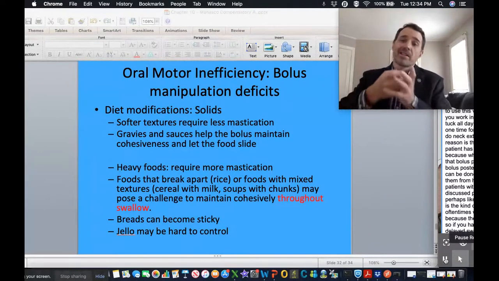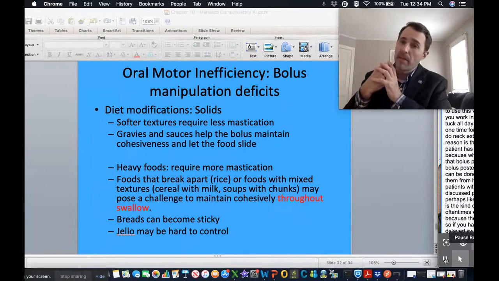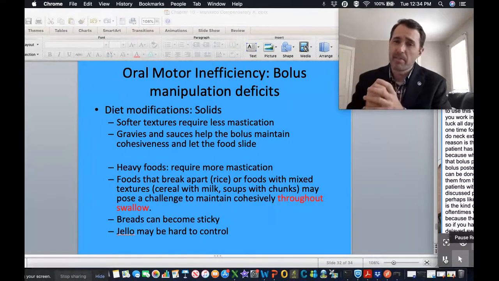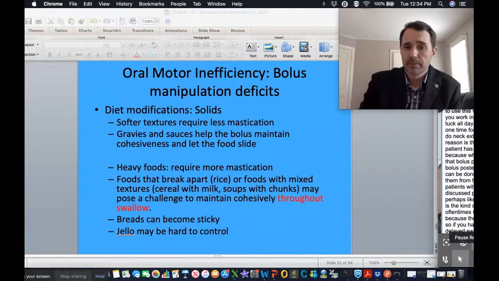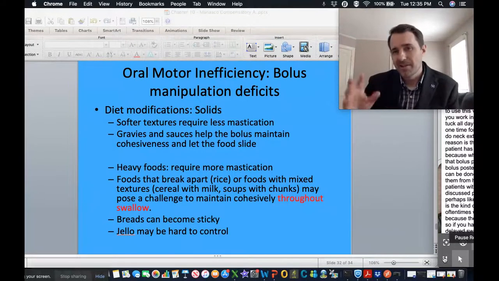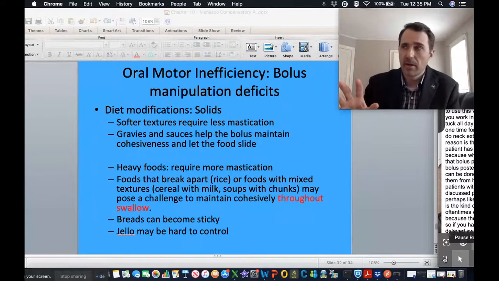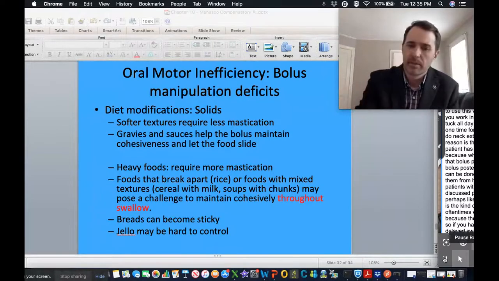They're going to slide posteriorly better in the oral cavity. And they'll also probably stick together better during the pharyngeal swallow. And there's a lot of Jell-O in hospitals for some reason. And to put it on your radar, Jell-O is a weird thing. It's best to think of and treat Jell-O more like a thin liquid than a solid food.